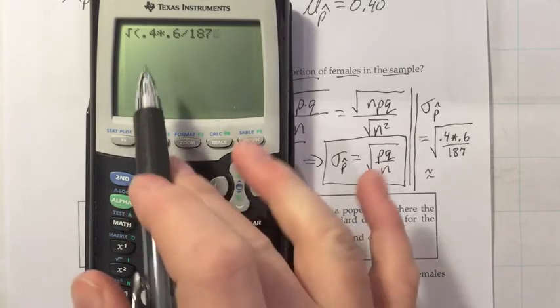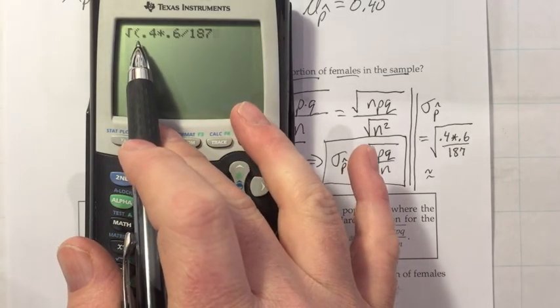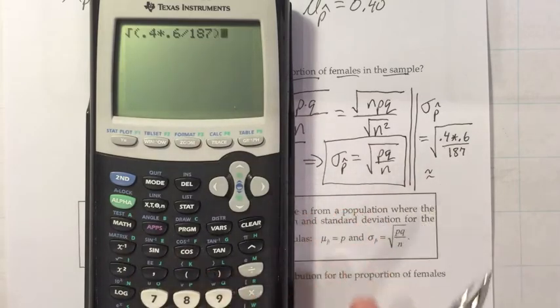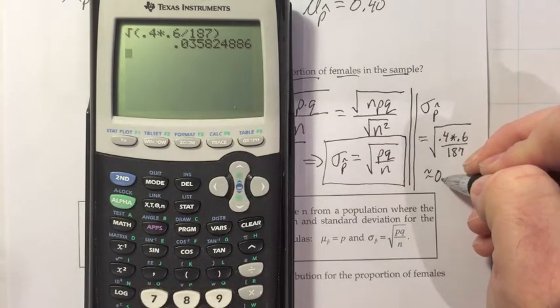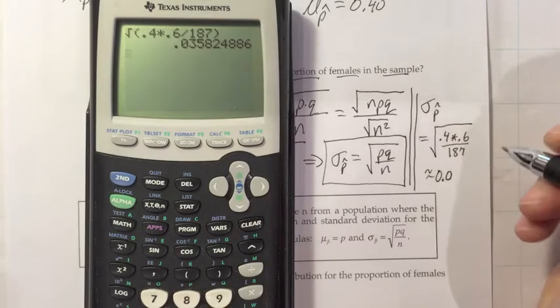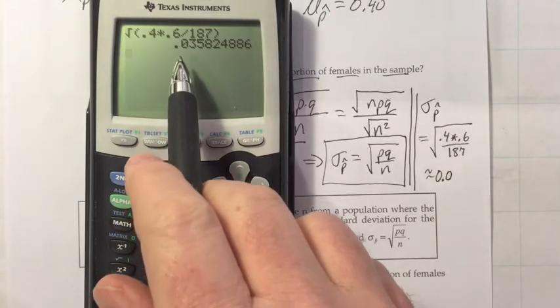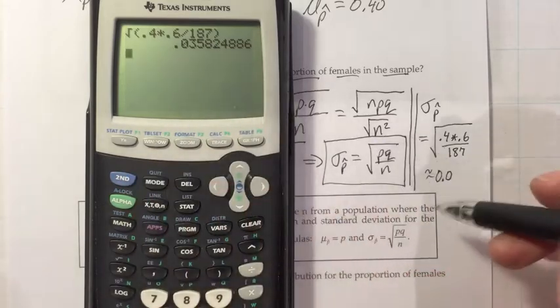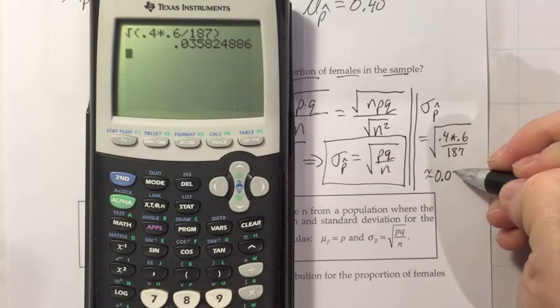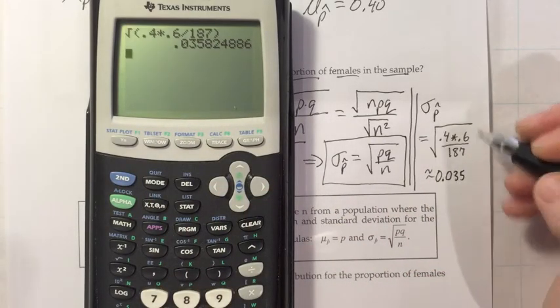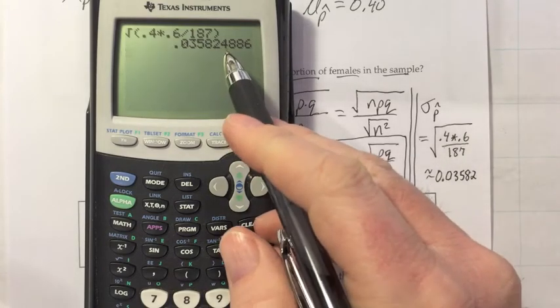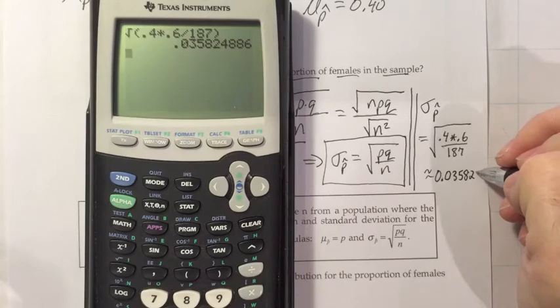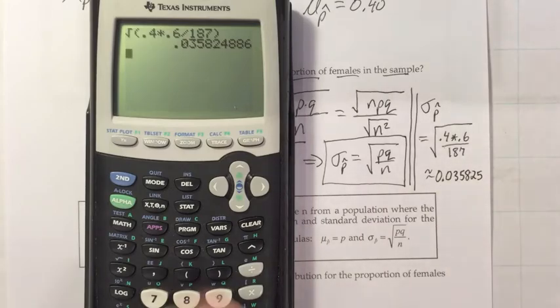We want all that in the square root, so you'll get the open parenthesis automatically. Make sure you don't close that until you get all three numbers in there. And then just another reminder, when we're doing standard deviation, we're supposed to do 5 significant digits, but the 0 at the beginning doesn't count as a significant digit on a small number like this. So 3, 5 is 2 digits, and then 8, 2, 4, but the 4 is followed by an 8, so I'll round that up to a 5.